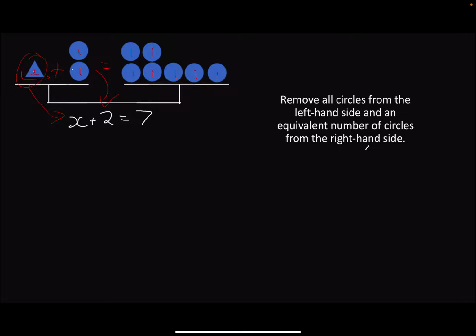Okay, now, in order to keep the scales balanced, we need to remove the same things from each side at the same time, right? So I would write this as X plus 2 minus 2, and then on the other side, 7 minus 2. And I can show this on here by getting rid of 2 from each side.